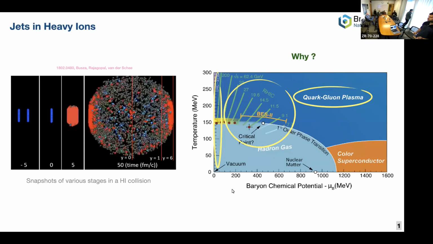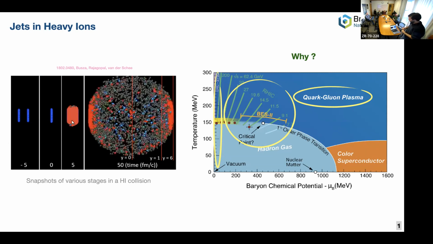Of course, the goal of jet quenching is to study the properties of the quark-gluon plasma that is produced in heavy ion collisions. In this plot here, I show a very nice picture of what happens in heavy ion collisions at high energy. Essentially, before the collision, the nuclei are very contracted into these pancake shapes. After the collision, there is a production of the quark-gluon plasma, which in this plot is this red dot.